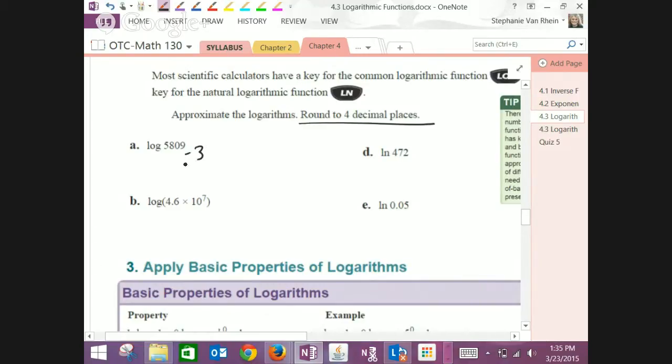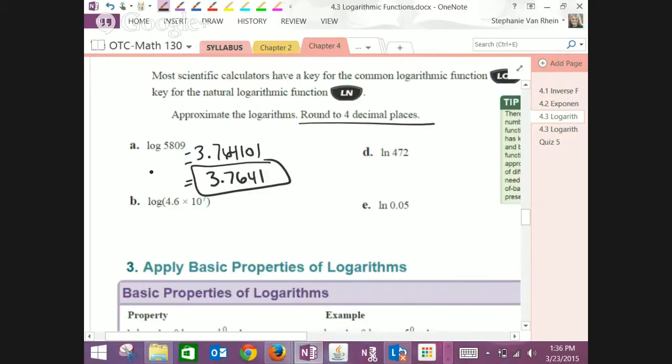This is 3.764101. If I approximate it to 4 decimals, I get 3.7641. Which makes sense because log base 10, you know it has to be over 3, because 10 to the 3rd power would be 1,000.